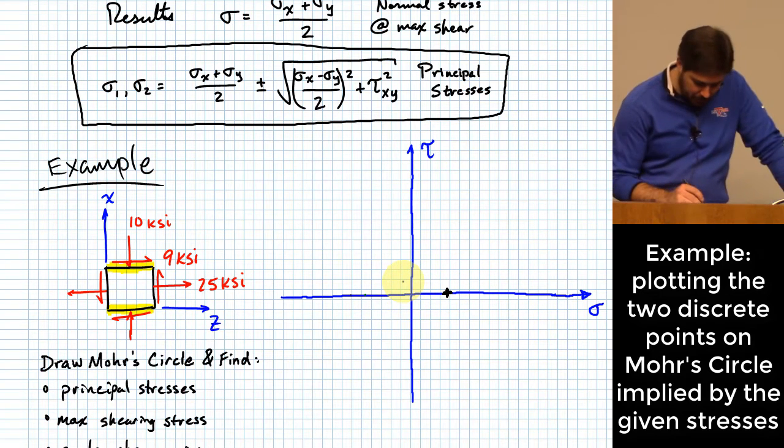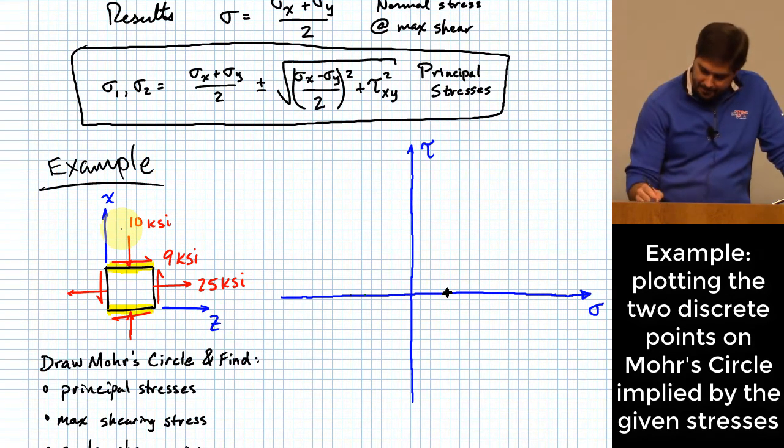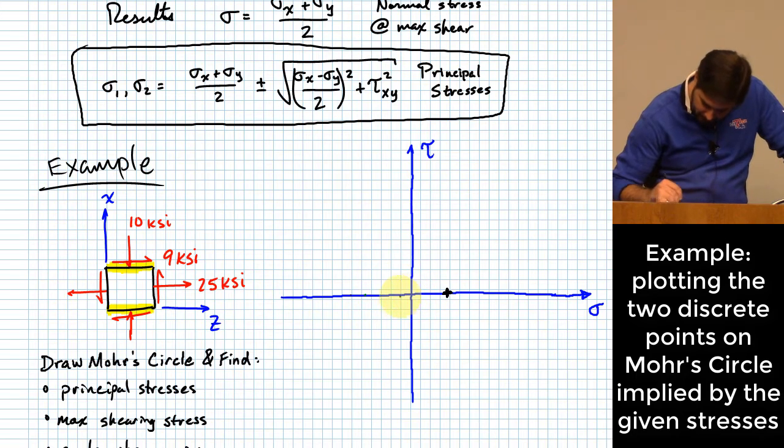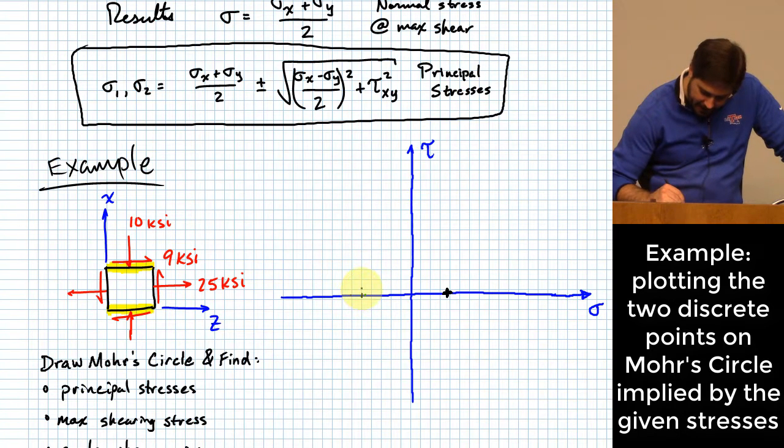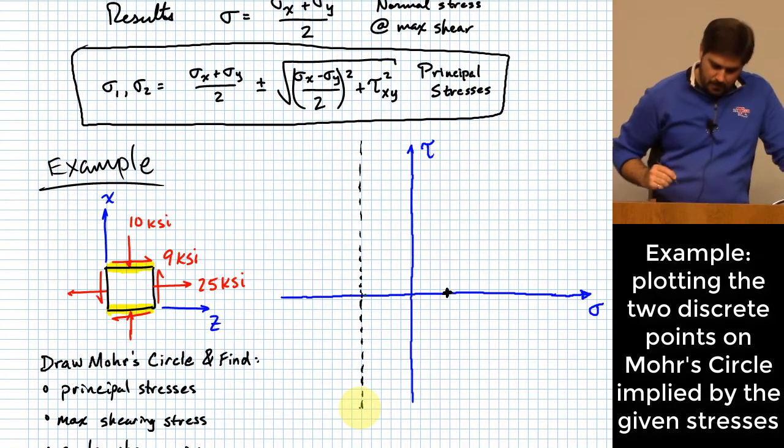And I want to go to negative 10 KSI. So I go 1, 2, 3, 4, 5, 6, 7, 8, 9, 10. Right here. And at that 10 KSI, how much shear do I have? So I'm going to do a vertical line like this.